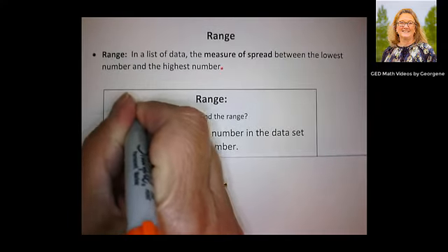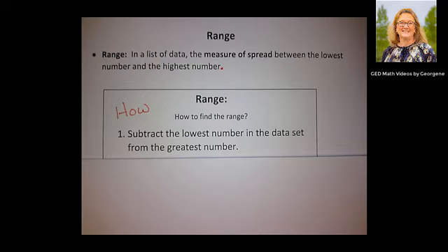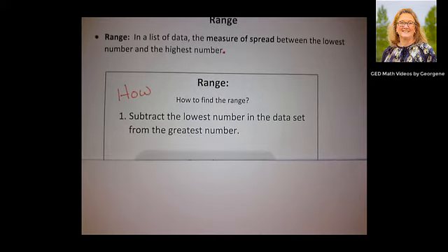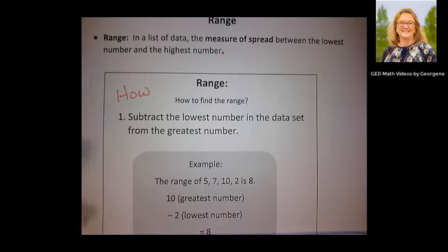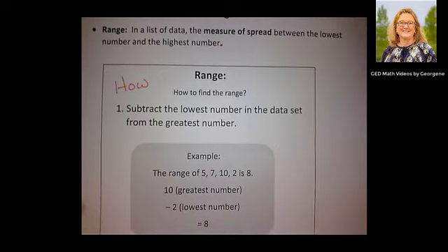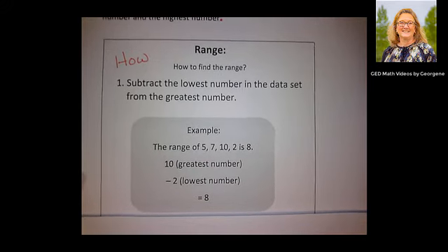Obviously it has to do with numbers, so this is all about numbers. Subtract the lowest number in the data set from the greatest number. That's all you do. You find the largest number, you find the lowest number, and then you subtract them.